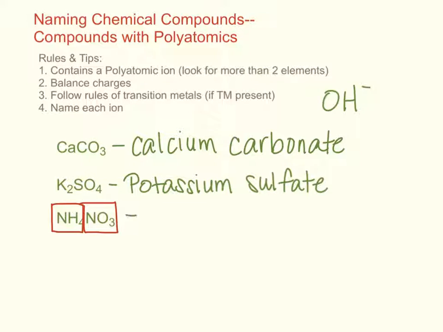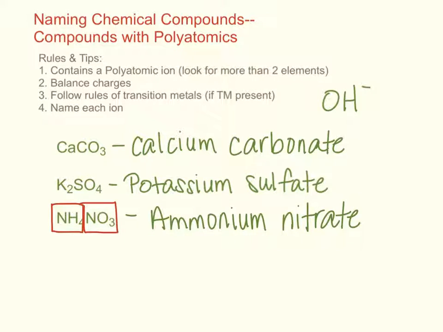So all I have to do is name them each. My NH4 is ammonium, and my NO3 is nitrate. Okay, I also have nitrite and sulfite. It just so happens that all of the examples I chose ended in ate. So look over your periodic table list of polyatomics to familiarize yourself with those.